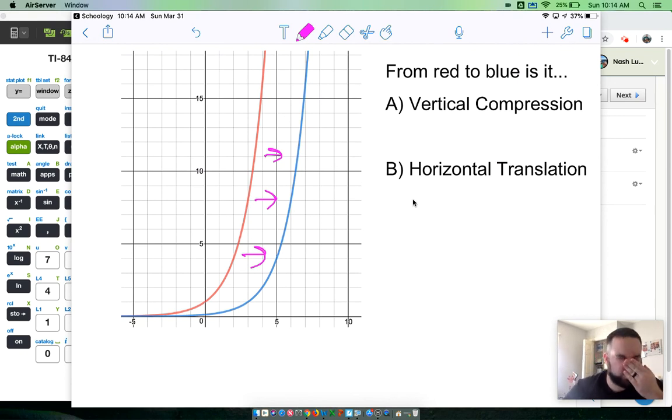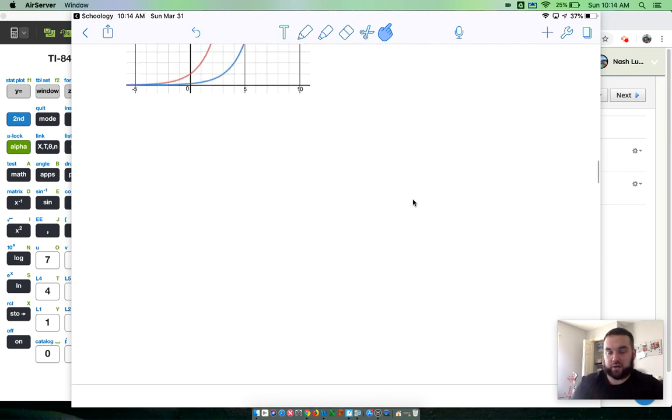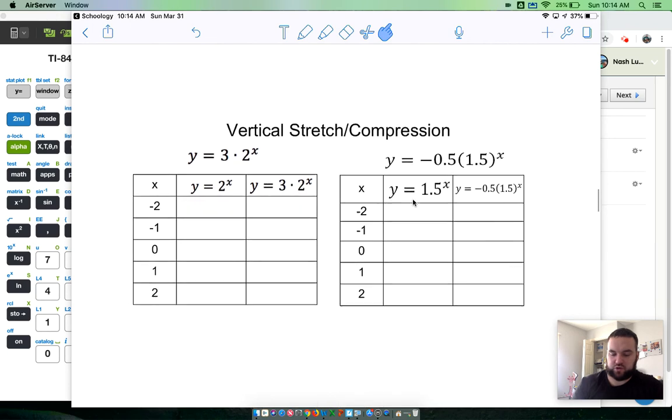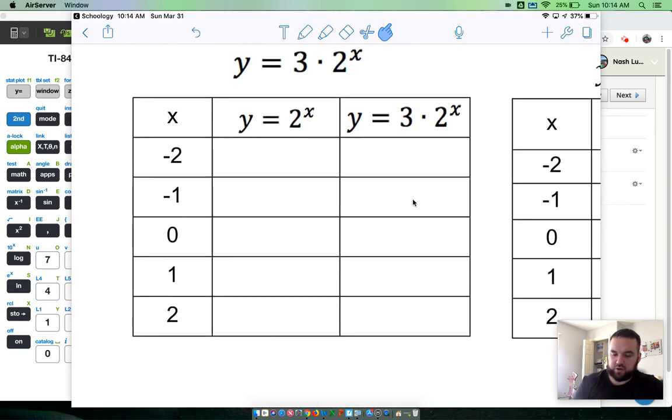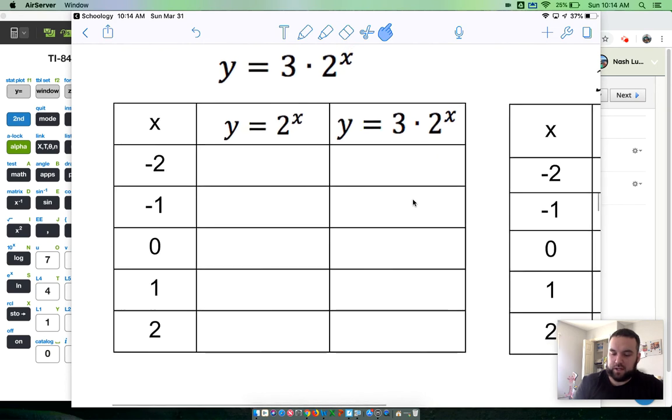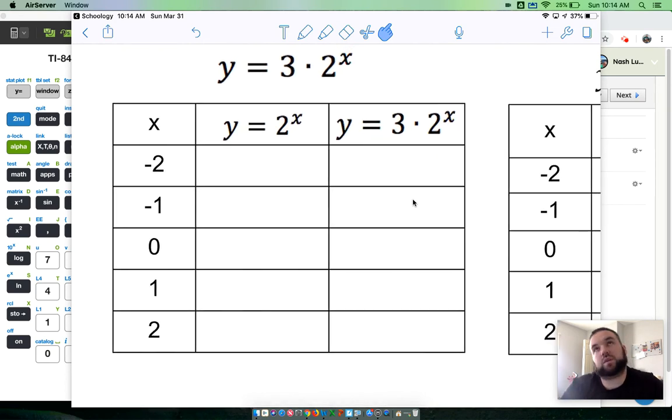If you don't know what the equation is of those two, we can't tell the difference. You could actually make an argument for either one. So we're going to rely on the equation, the y equals, to tell us what is going on with an exponential function. When we talk about vertical stretches or compressions, what's interesting here is the parent function.